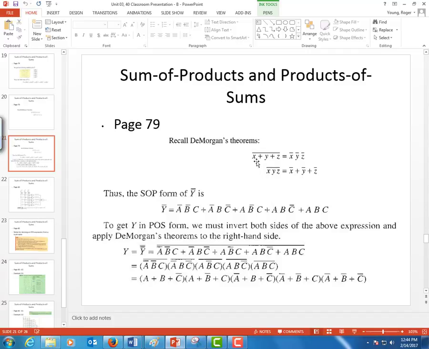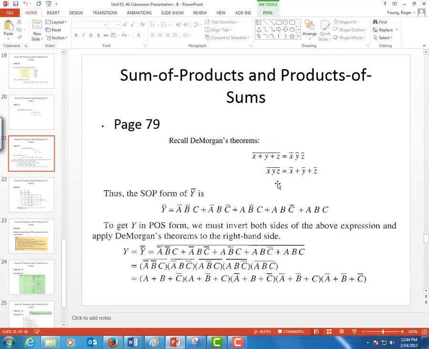This one is x plus y plus z, with a bar over everything. This is an OR gate with an inverted output, right? And that's equal to an AND gate with inverted inputs. Do you see that? Here you have an AND gate with an inverted output, and this is equal to an OR gate with inverted inputs.